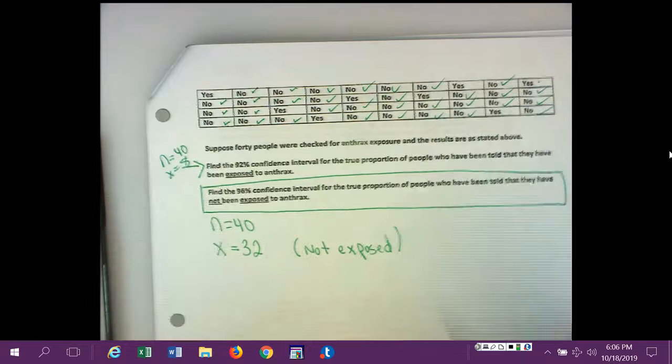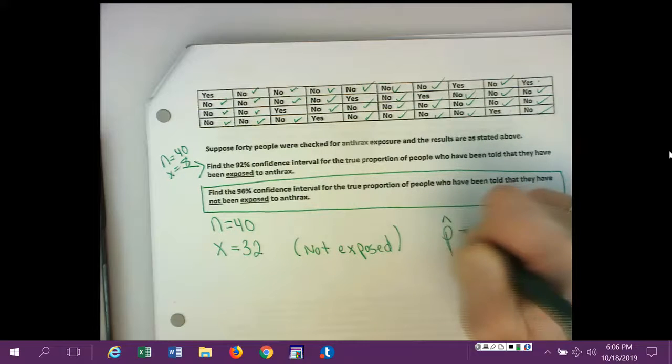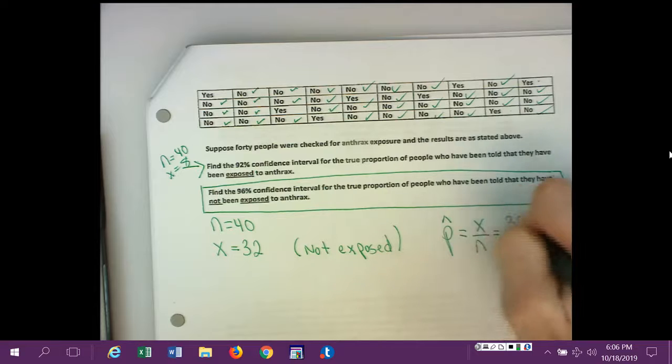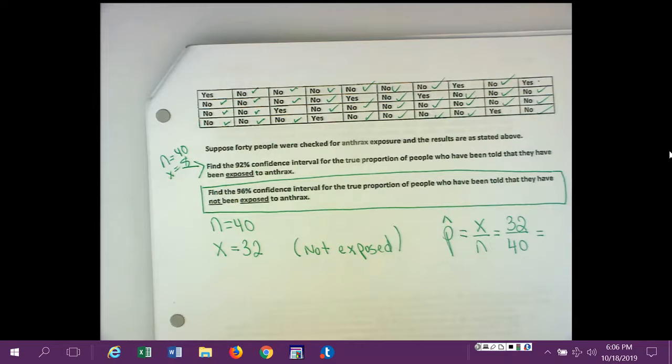Here, our P hat, sample proportion, those not exposed, 32 out of 40. And obviously, it's nice to change that to a decimal to see what you're actually dealing with in terms of a percentage. And that is 80% exactly.